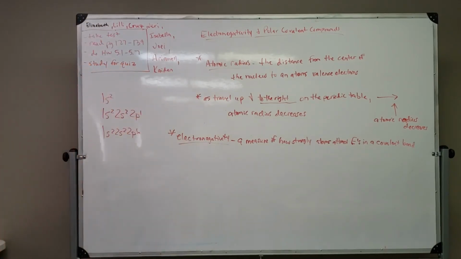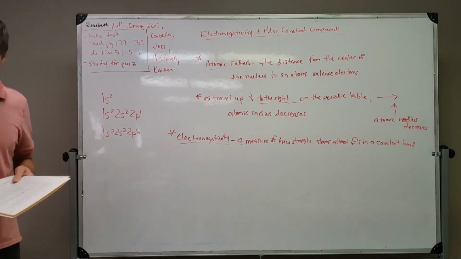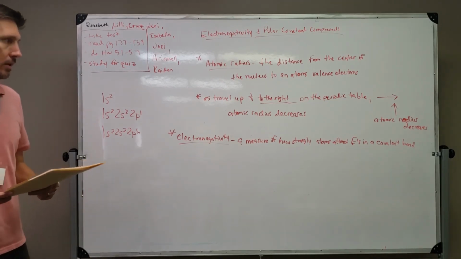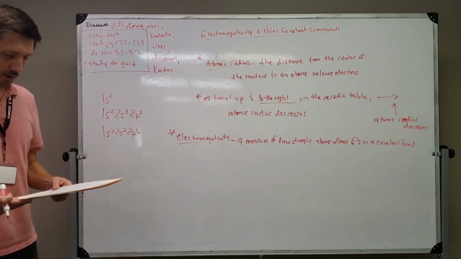It's what I was talking about a minute ago, how some atoms have a hold on the electrons more than other atoms do. They're not sharing electrons fairly. And so electronegativity is a measure of that, how strongly an atom attracts electrons in a covalent bond.